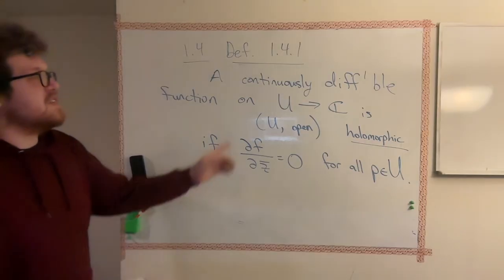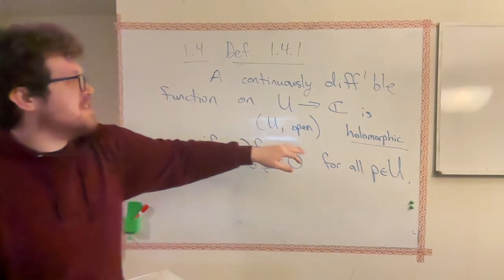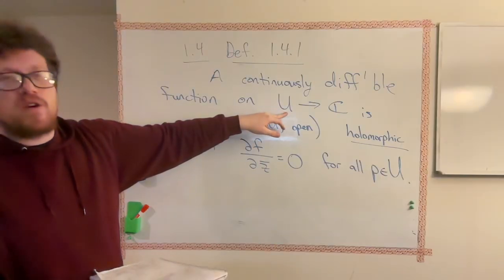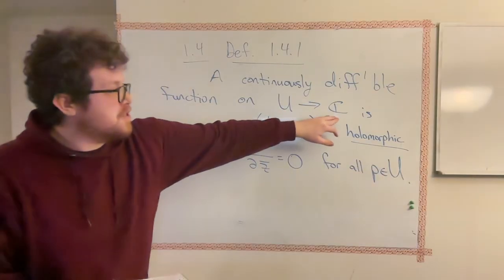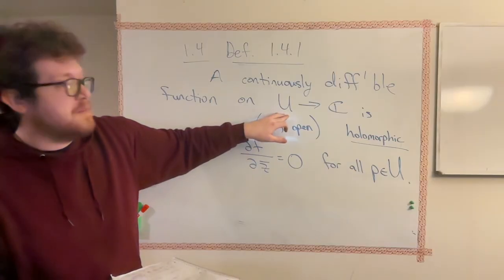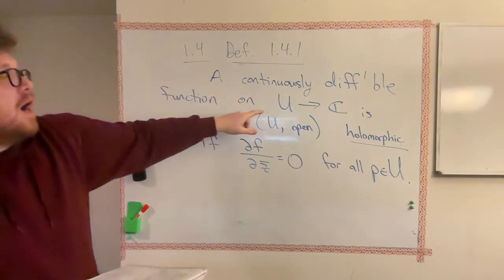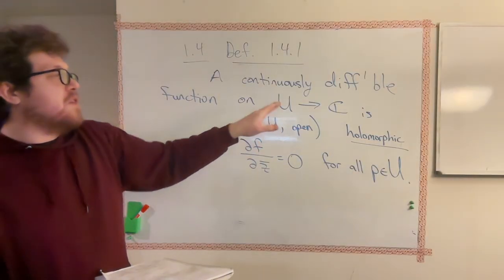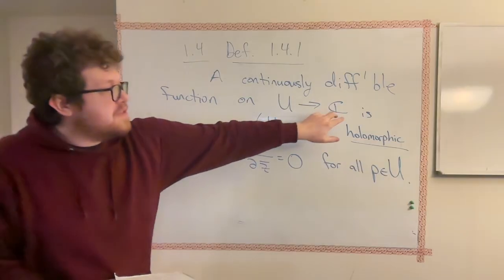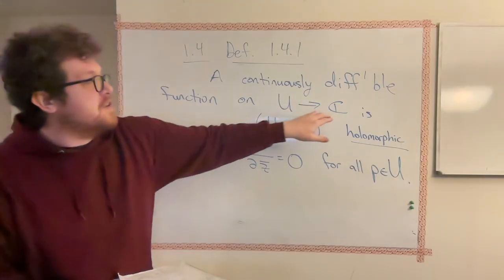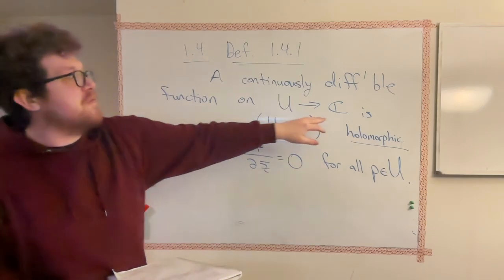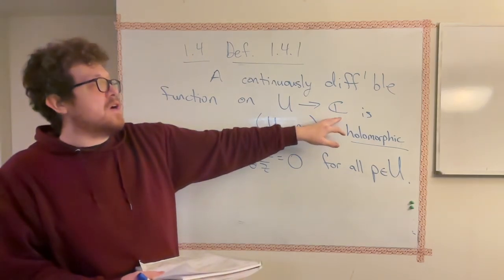Right, so what does continuously differentiable mean? If we view this as a real function from some subset of R2 to R2, then it just means that all the partial derivatives of both these functions, remember this is just two functions of two variables, are continuous.